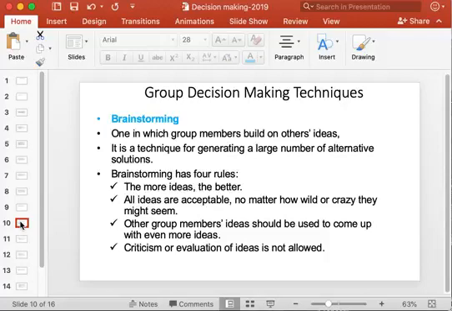It began with a quiet session where each individual member was asked to come up with as many alternatives as possible independently. But in brainstorming, each member is asked to share their ideas directly.